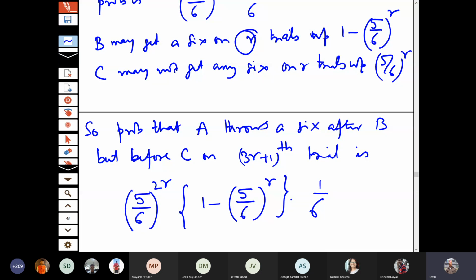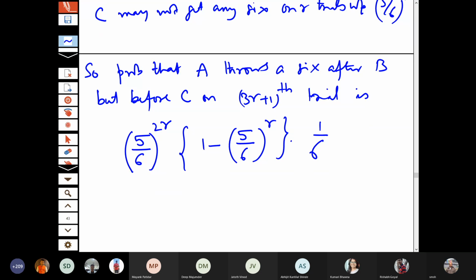Now a similar thing will happen if you consider C throws before and B throws after. So it will become 2 times a similar expression, for C first and B last.